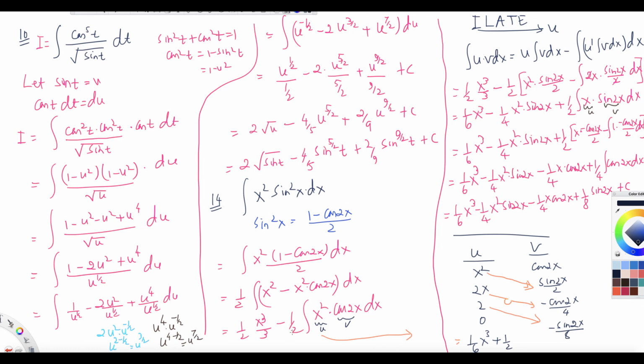Okay, you can write like that, and then x squared times sine 2x over 2, right? And the next one is negative. This is negative multiplication, but there is a negative sign, so you will write plus 2x times cosine 2x over 4, which will give you x cosine 2x over 2.